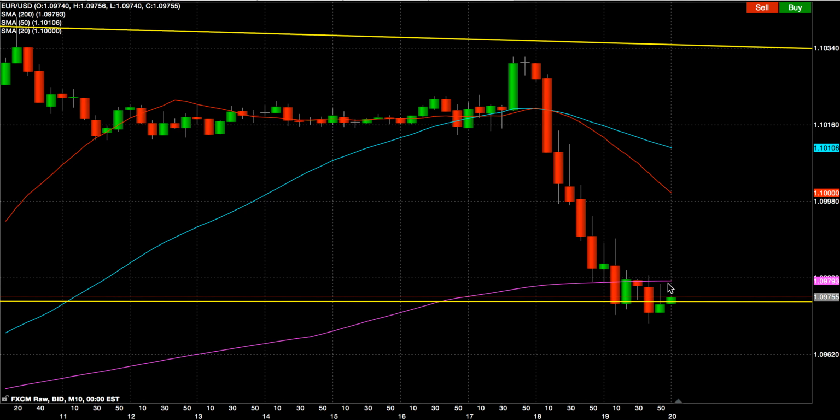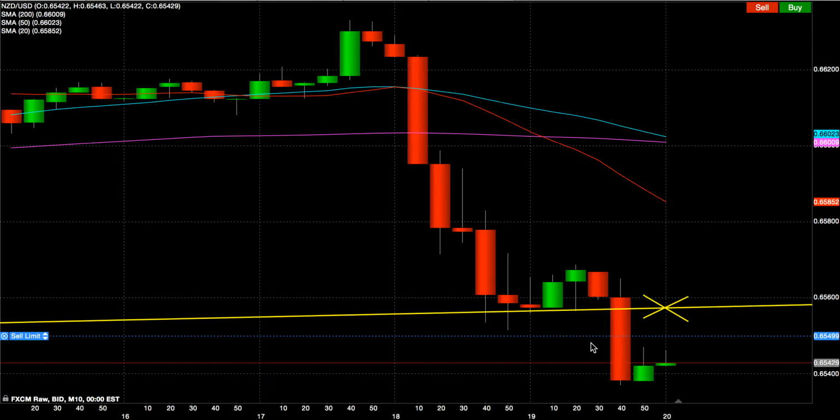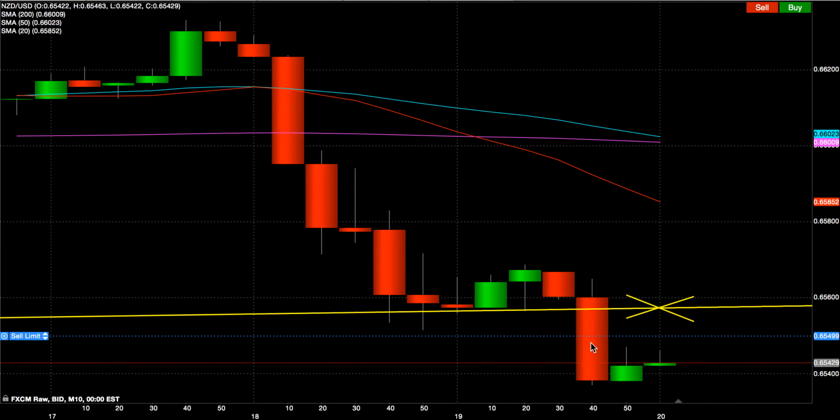Maybe one more visit up here before pulling back. Let's see if I can get filled here at 65499. Just a little bit more. This is an inside bar pattern. So this is a bearish pattern that I'm looking to play out.